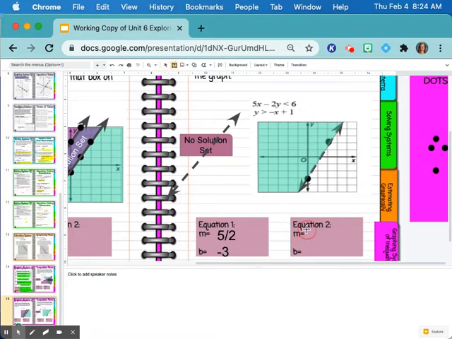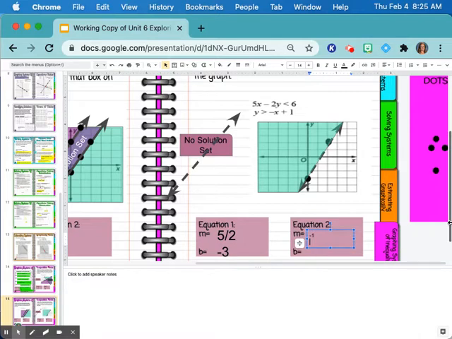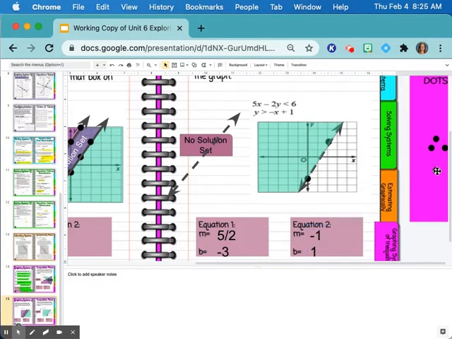The other one's already solved for y. So our slope is -1 and our y-intercept is 1. So we are going to plot our point at 1 and then go down 1 over 1, down 1 over 1, down 1 over 1.